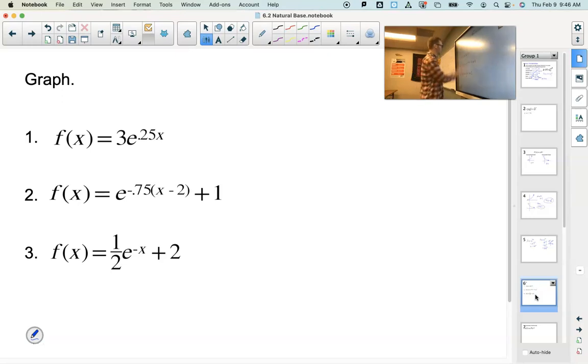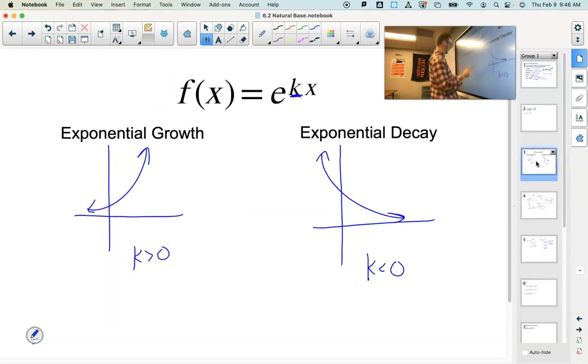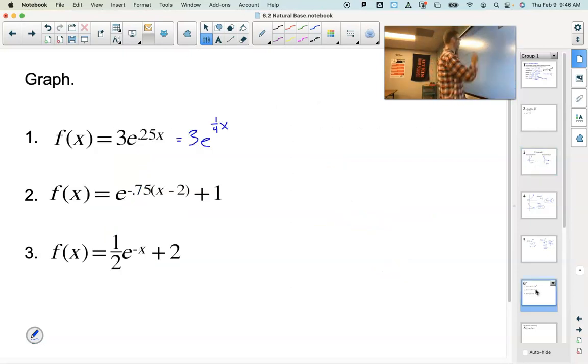So for example, f of x equals 3e to the 0.25x. That's 3e to the 1/4 x. Is that going to be growth or decay? Well, what did we just talk about? If k is positive, and 1/4 is positive, the coefficient of the x is positive, it's going to be growth. So this is going to be exponential growth.